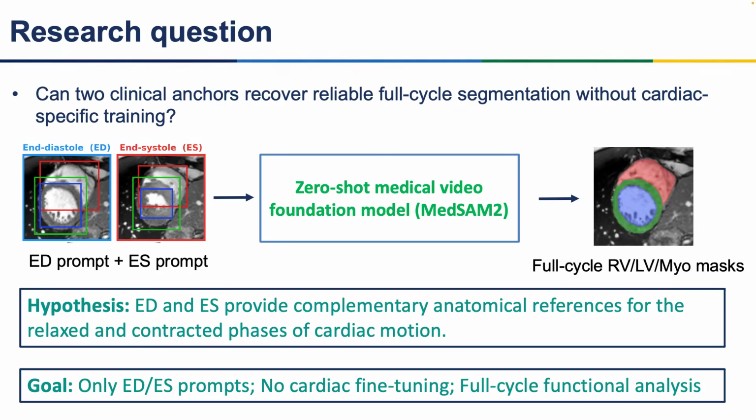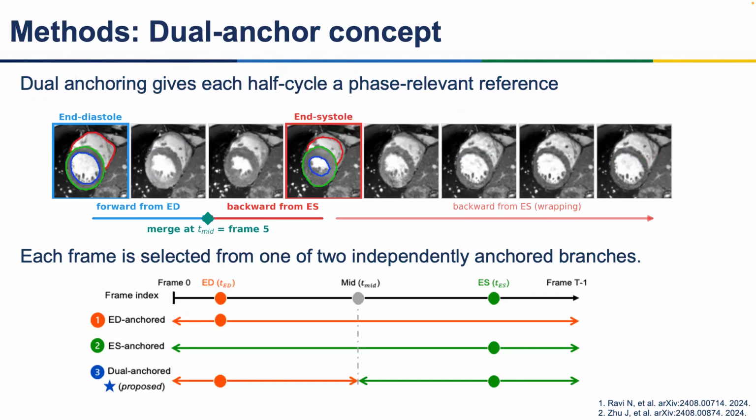To test this hypothesis, we designed a dual-anchored propagation strategy. The proposed strategy used two independent propagation branches. MedSAM2 is first prompted at end diastole and propagates through the sequence. A second branch is independently prompted at end systole and propagates in the opposite direction, including the wraparound portion of the cycle.